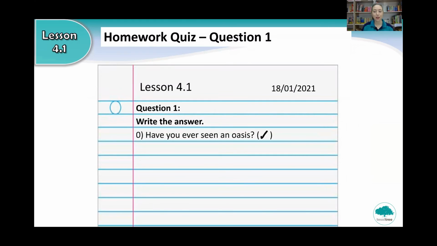Okay, now it's time for some homework. Can you get out your notebook and write lesson 4.1 at the top and the date? So this is an example for question 1. Have you ever seen an oasis? So this time we have a tick.